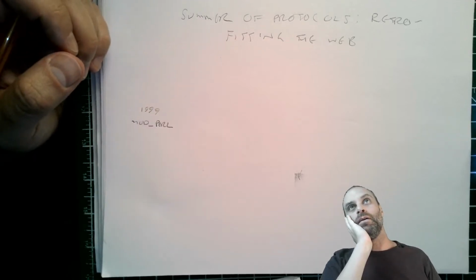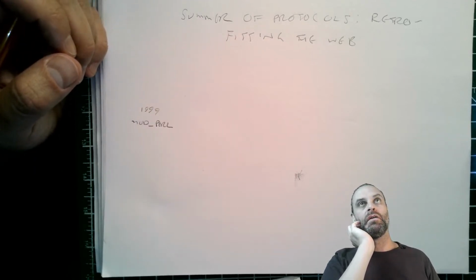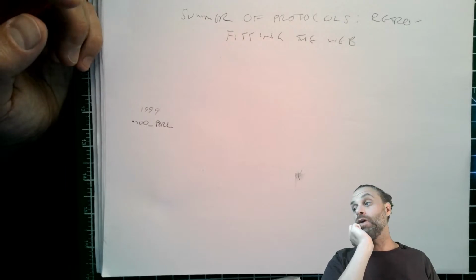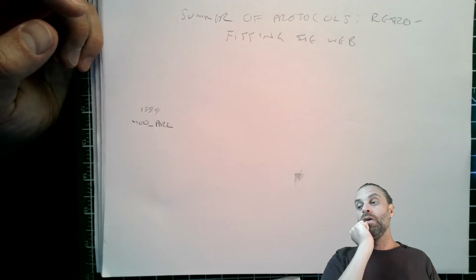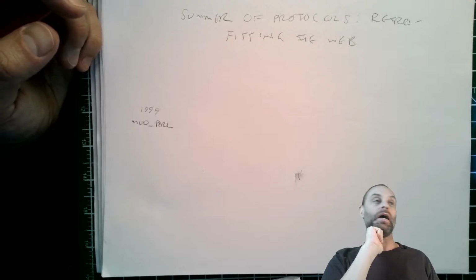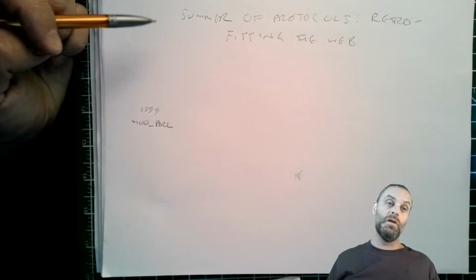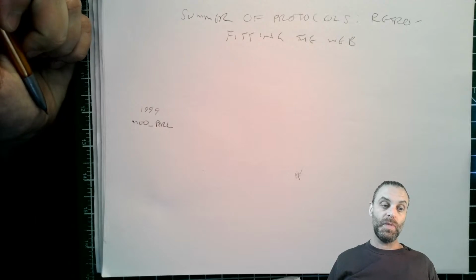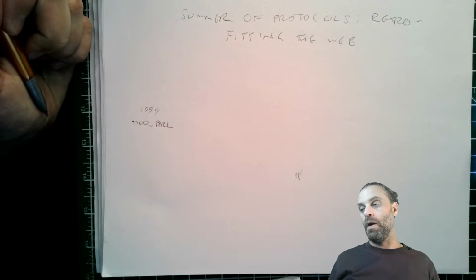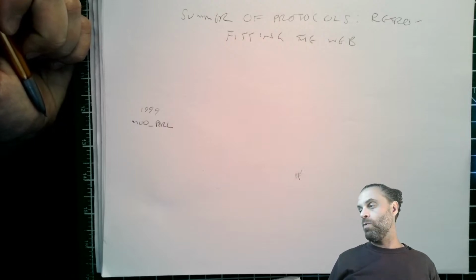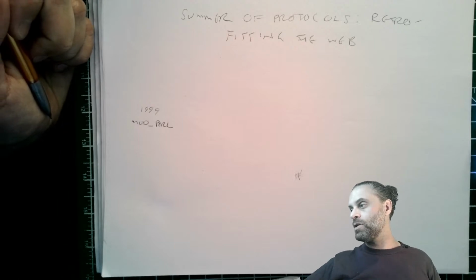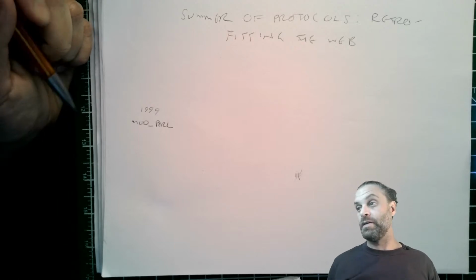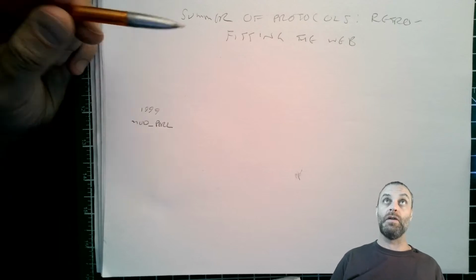Mod Perl was an Apache module, and what it did was it exposed the Apache API to Perl, and what that enabled you to do was write server modules without having to write them in C and compile them and take freaking eons to do.